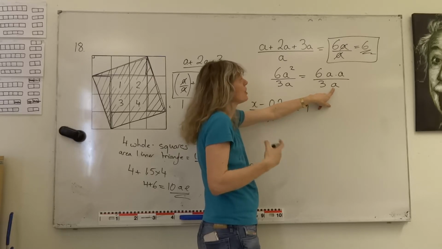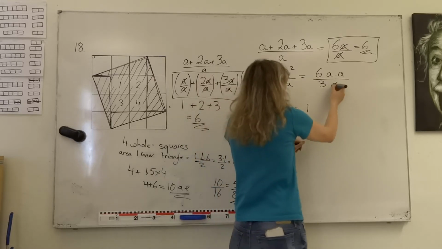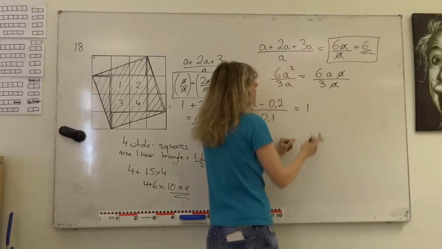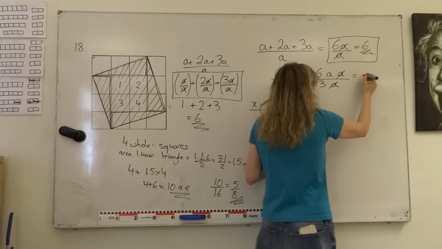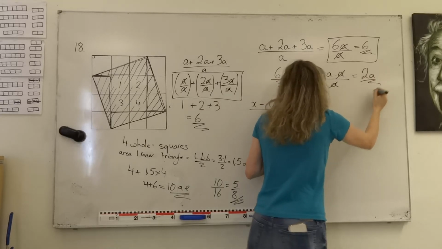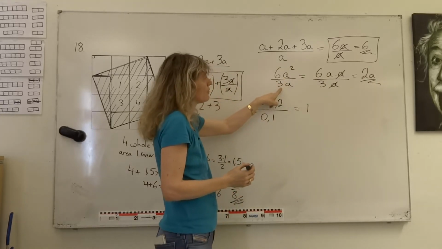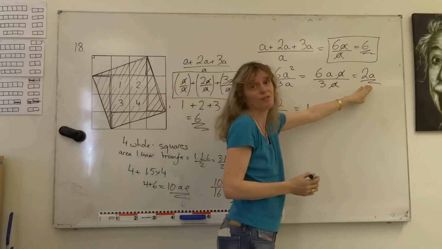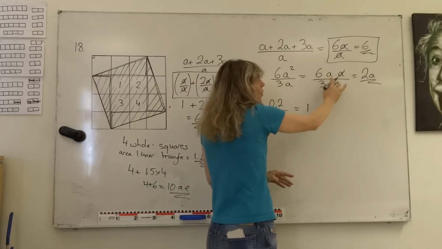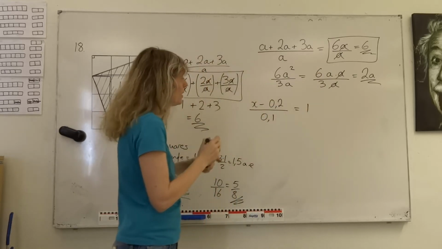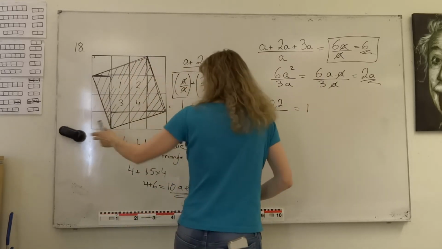There are no addition and subtraction signs. 1a will cancel against 1a here. 6 divided by 3 goes 2 times, so we get the answer here, 2a. So 6a squared divided by 3a can be simplified to 2a. Here you were allowed to cancel an a, but only because it was multiplied. So don't mix these terms together.